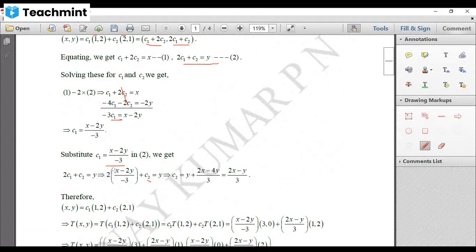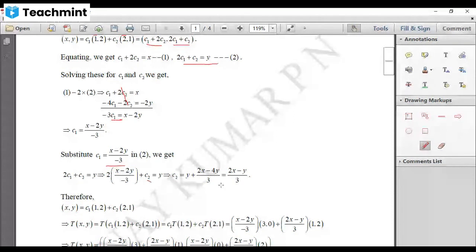Now multiply this 2 with this: 2 into x is 2x, minus 2 into y is minus 4y, divided by 3, because the minus has cancelled. Now take the LCM: you'll get 3y plus 2x minus 4y by 3. So that is nothing but 2x, 3y minus 4y is minus y, by 3. So we got C1 and C2.